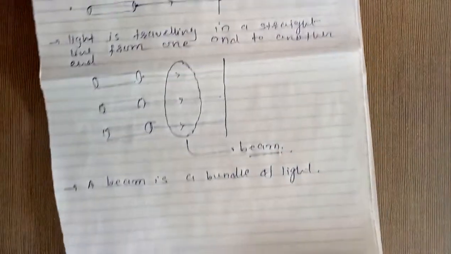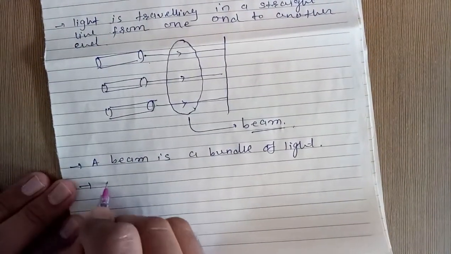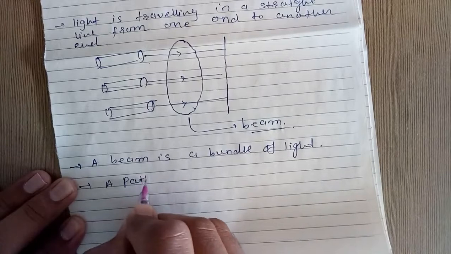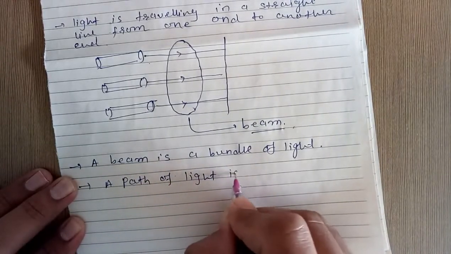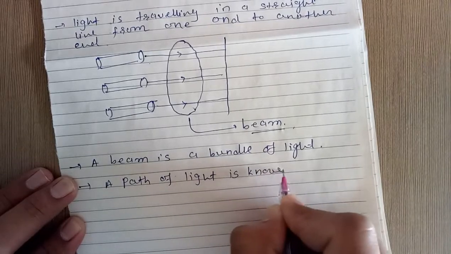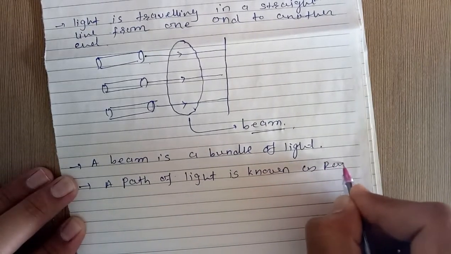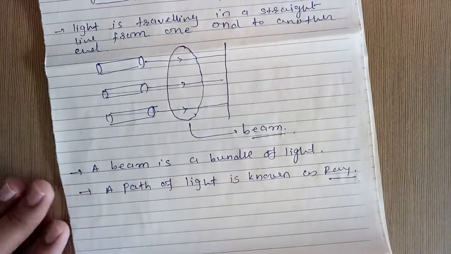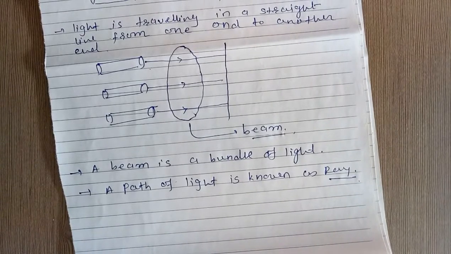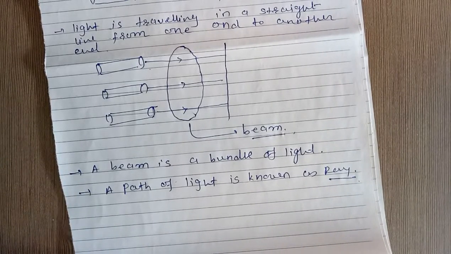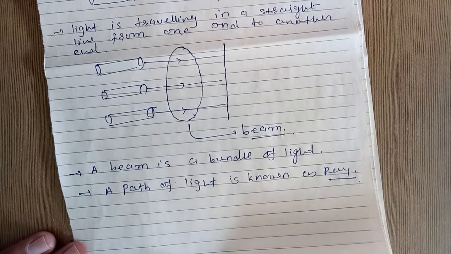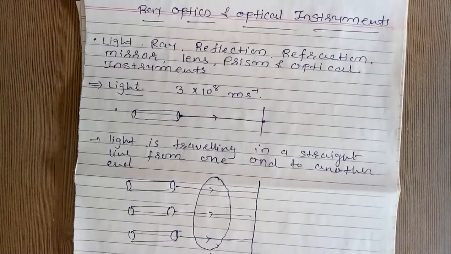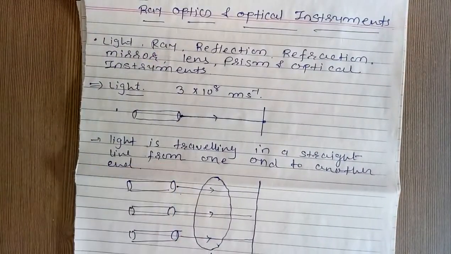So we can write that a path of light is known as a ray. We can also say that a ray travels in a straight line from one end to another end. So friends, this is the basic of our topic light and ray.